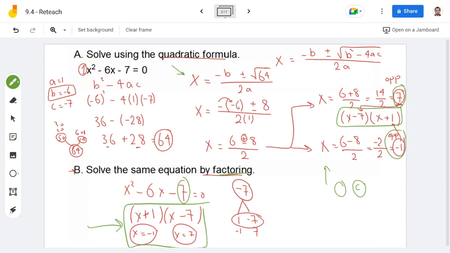And don't forget to look at the questions. Always read the questions. If the question says solve by using the quadratic formula, you have to use the quadratic formula. If it says solve the same equation by factoring, you have to factor. It depends on the question. If the question says solve by any way, you are free to use factoring or the formula.